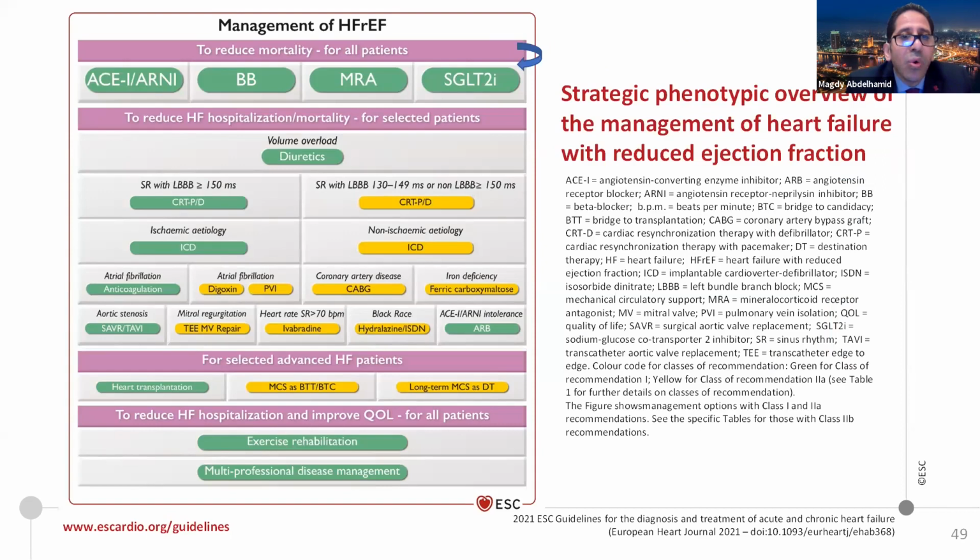starting from the core therapy, the 4 pillars, diuretics, device therapy, ICD, atrial fibrillation management, anticoagulation, coronary revascularization when needed, TAVI or surgical aortic valve replacement for patients having tight aortic stenosis, percutaneous mitral valve edge-to-edge repair when patients have severe mitral regurgitation, ivabradine for controlling heart rate, ARBs as class 2B in some patients, hydralazine isosorbide dinitrate combination.